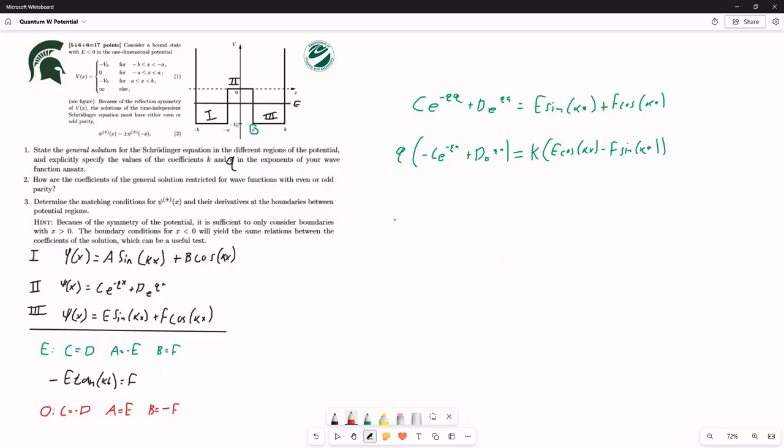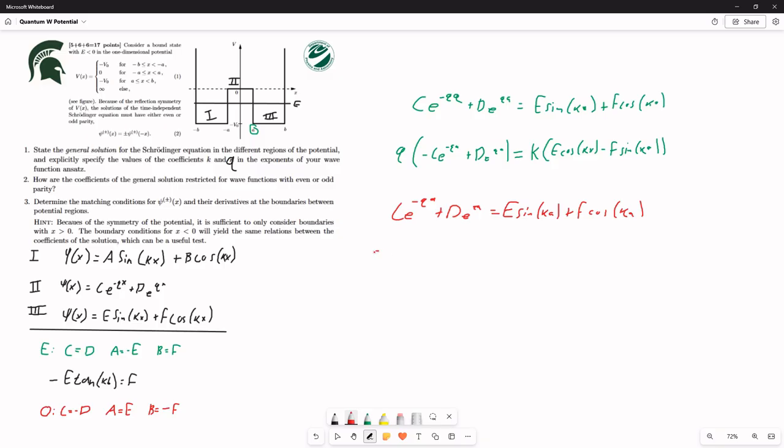Looking at the odd terms, we can do the same thing. We have c e to the negative qa plus d e to the qa equals e sine of ka plus f cosine of ka. And lastly, we have the derivatives.